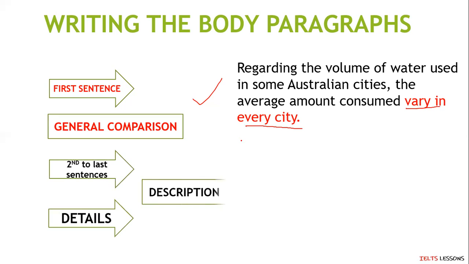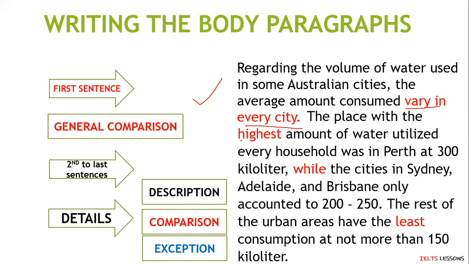And then let's go into details. The details here, we focus on how we use complex sentences. The details here have description, so we give the figure. Comparison, we use comparison. We studied comparison in our previous lesson, so try to use them. So describe and compare in body paragraphs.